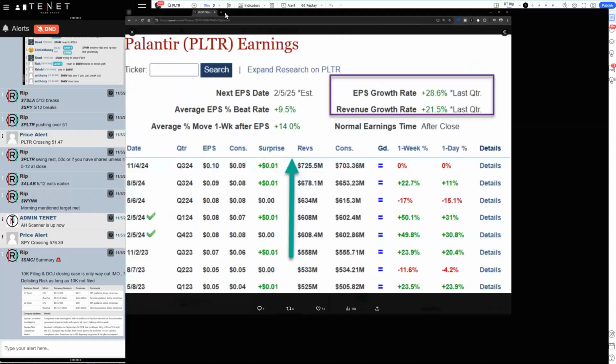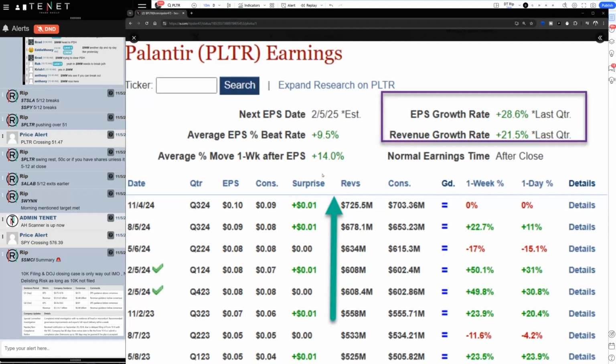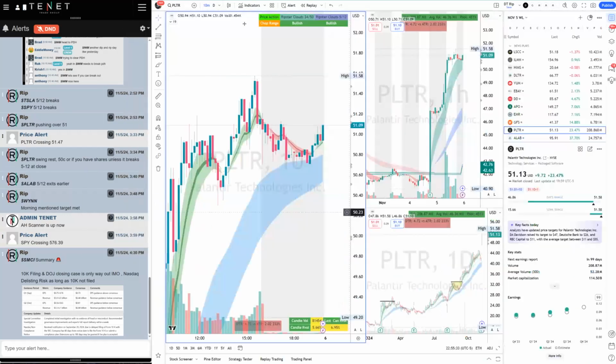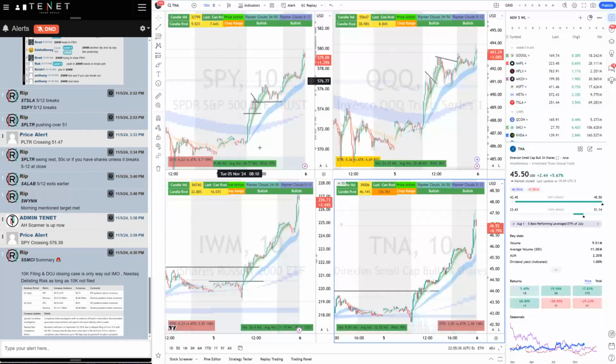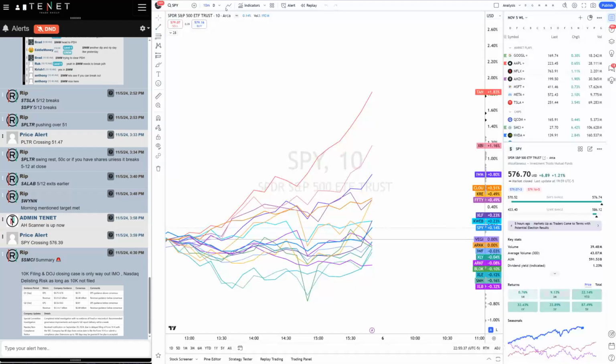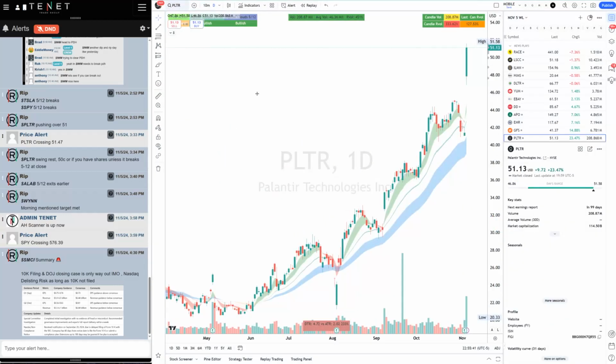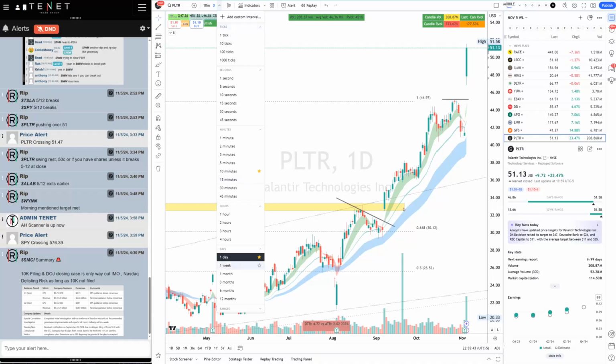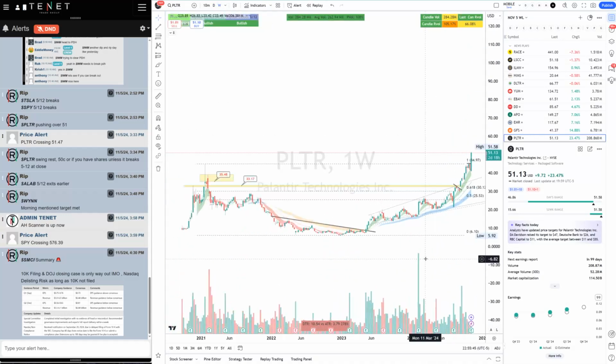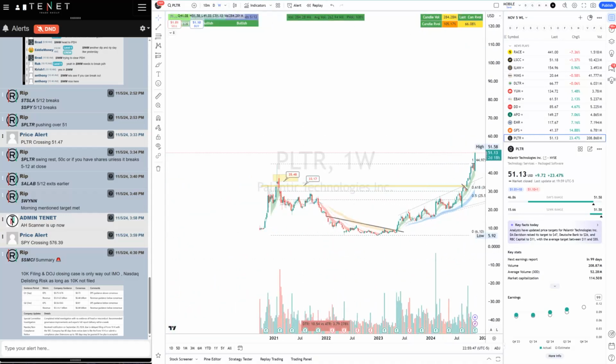You can see that PLTR's revenue is increasing 29%, 21%, EPS increasing 28%. So really good growth. Value investors crying about the valuation, but that does not really matter. If you look at PLTR, it's breaking its IPO highs, right? When something breaks its IPO highs, it goes higher. It's also breaking the 50 psychological level.